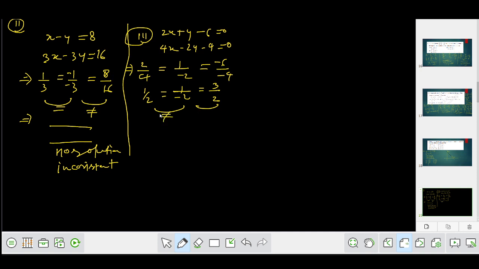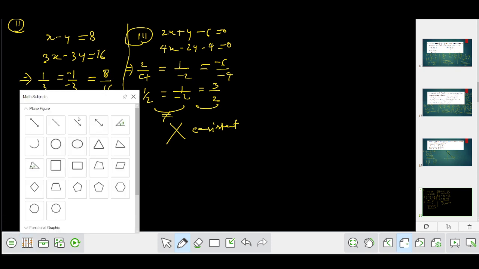If this ratio is not equal, then we can say that they intersect each other, they have a solution, consistent. Clear? Have solution, consistent.